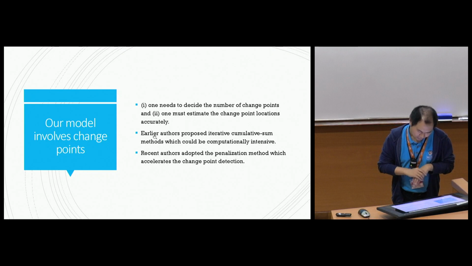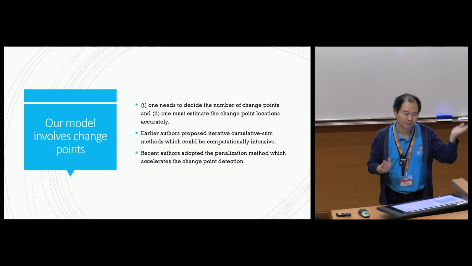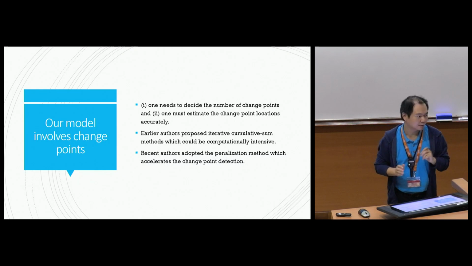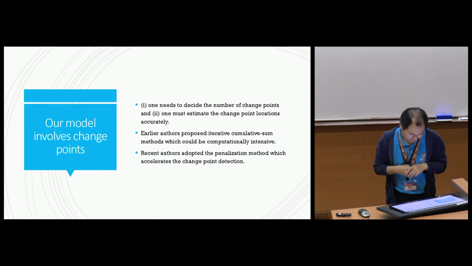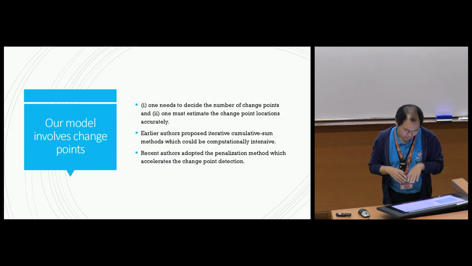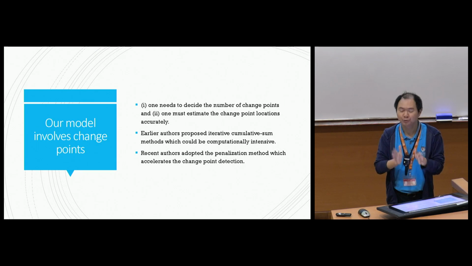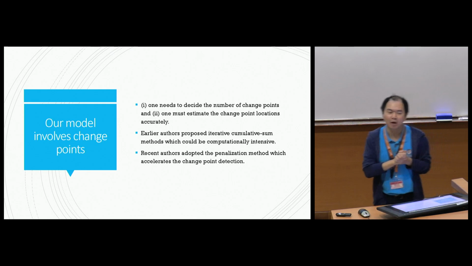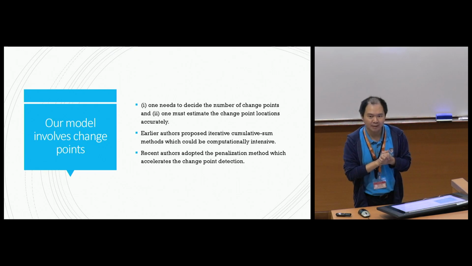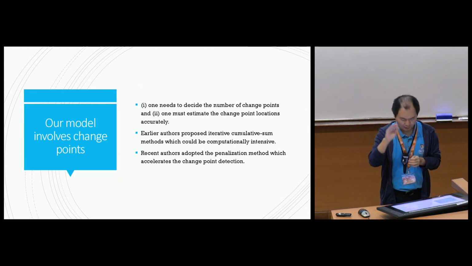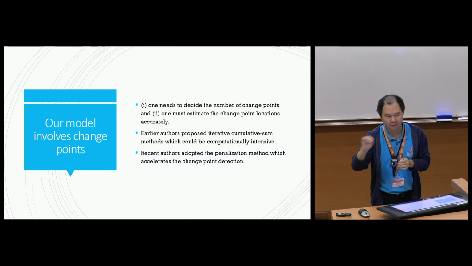Our work is slightly different from those earlier works because we try to use change point methods. This change point framework is not new to statisticians, but most of the time change point methods have been used in economics. For time series analysis, people use change point detection methods all the time.